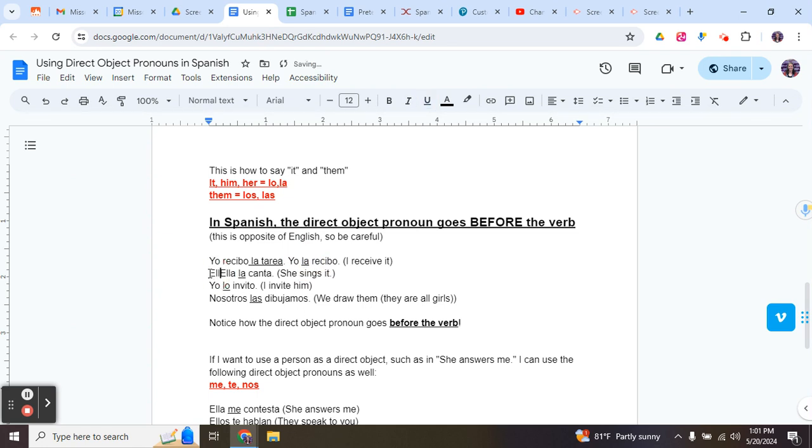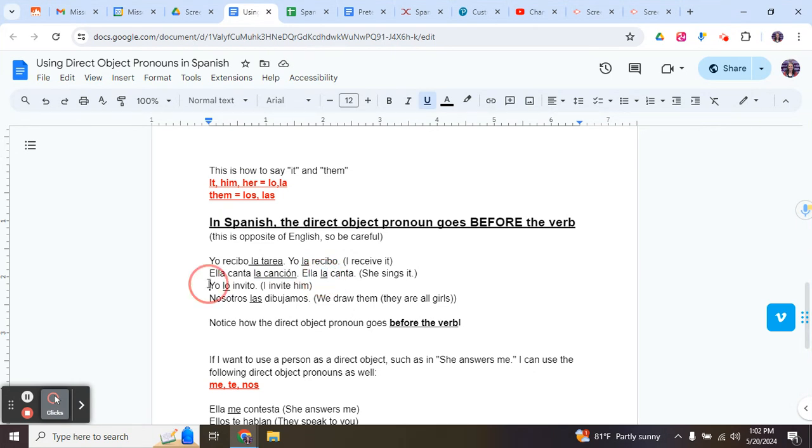So if I want to say ella canta la canción, right? She sings the song. I can replace la canción with la to say it. So ella canta la canción means she sings the song, and ella la canta means she sings it.